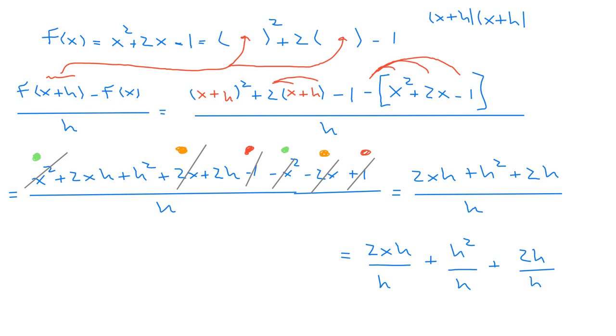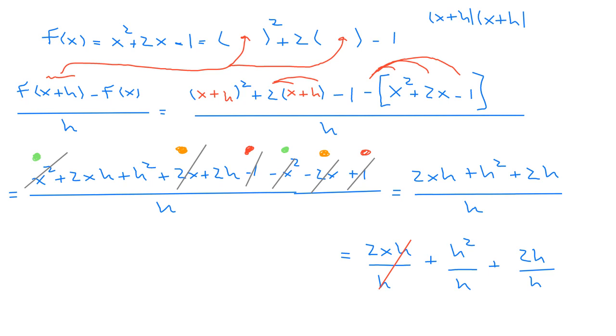I'm saying that this term gets divided by h all by itself, and then this one does. Okay, right here, and then this one does. All right, so what can we do there? Well, there's some more canceling that happens. For example, h divided by h cancels.